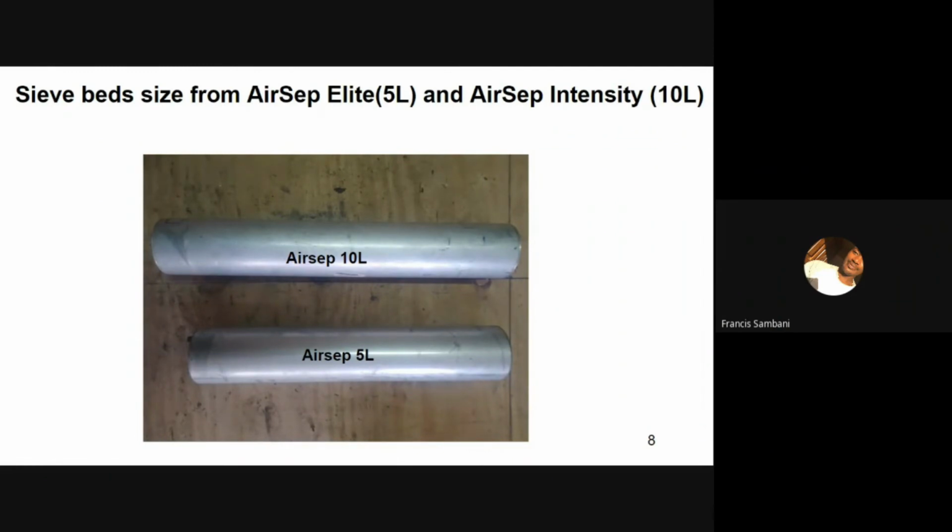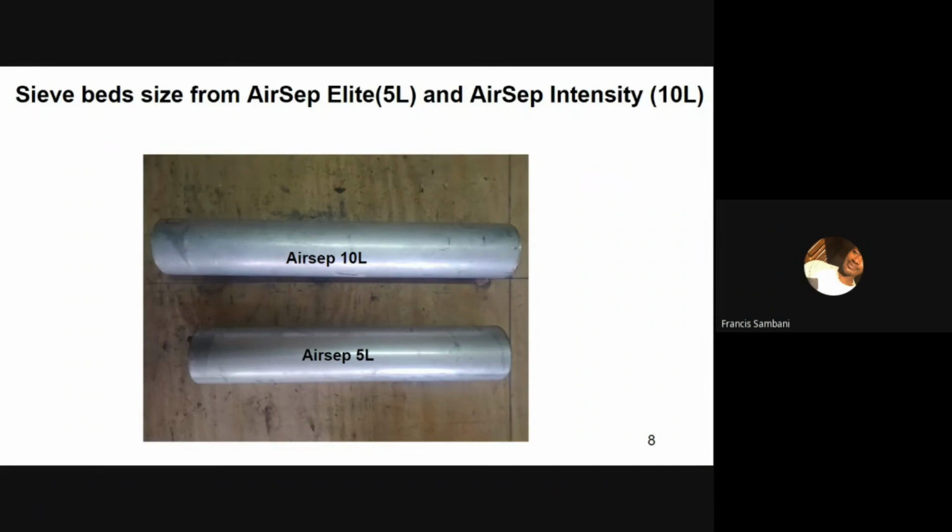In other AirSep Elites, you find the Thomas 2650 or 2660. And you also find the 2650 or 2660 in the AirSep Intensity, the 10 liter model. This just means that the power of the compressor is the same. You can use the same compressor in the 5 liter and the 10 liter model. But what changes is the size of the sieve beds and also the cycle time.